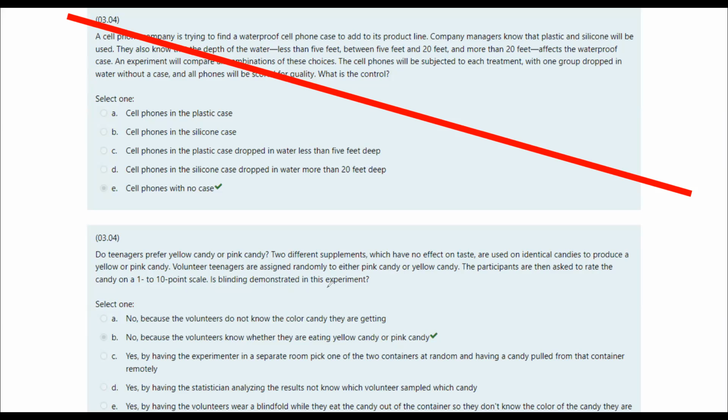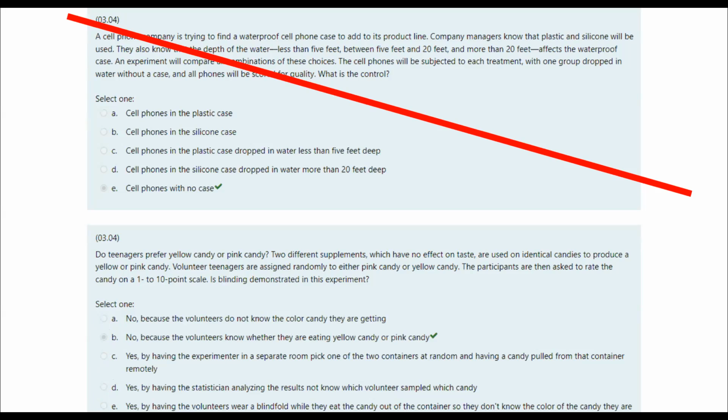Double blind means the researcher also doesn't know, but they can obviously see if it's yellow or pink. So no, because they do know. So it's not blinding.